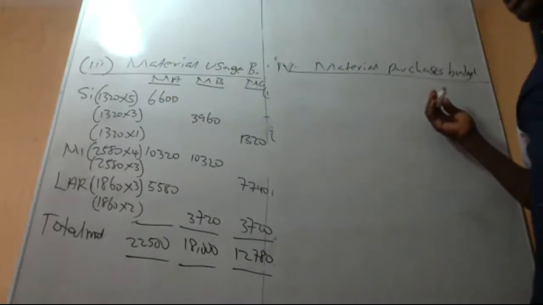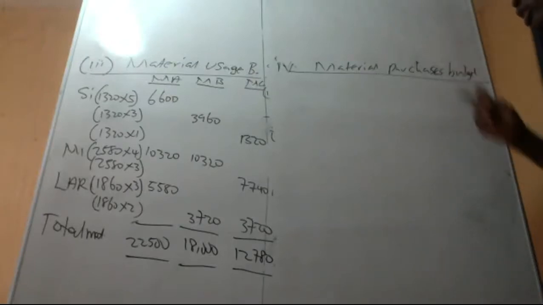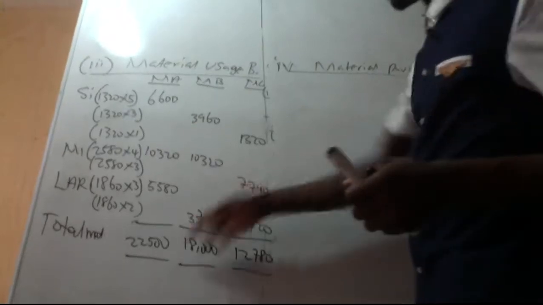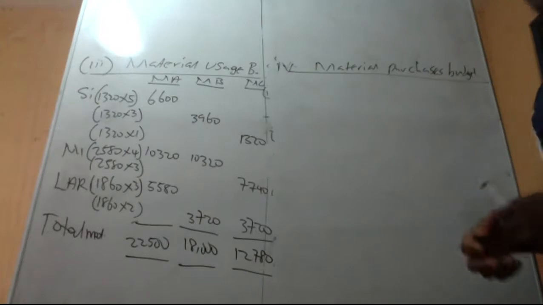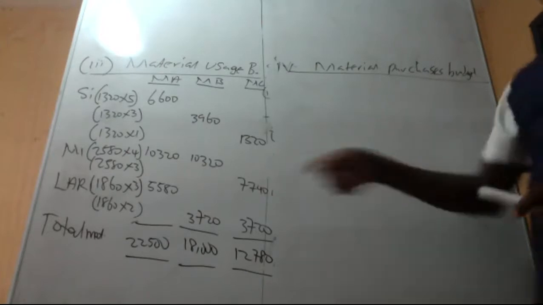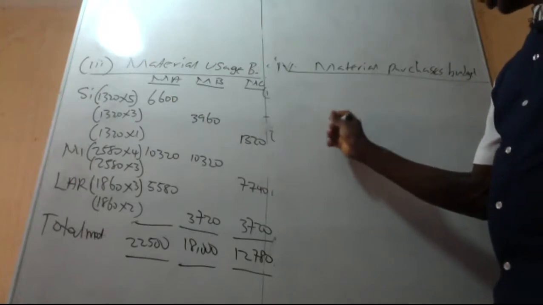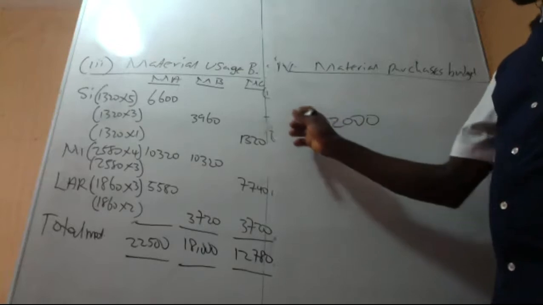With material purchases, anytime you are looking for purchases, it moves with production. So basically, you bring the total of the item there and you massage it with the opening inventory or the closing inventory. Now let's assume that we need 2,000 units. That's the material usage.